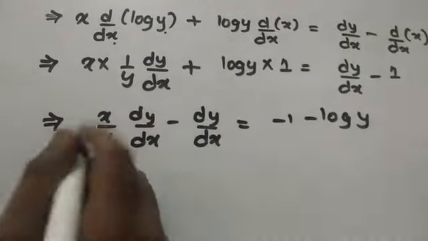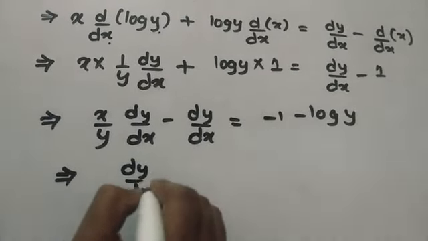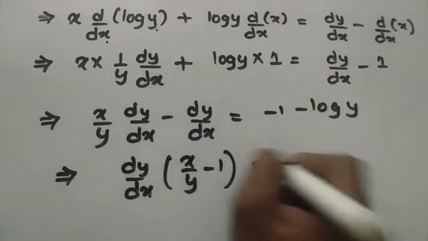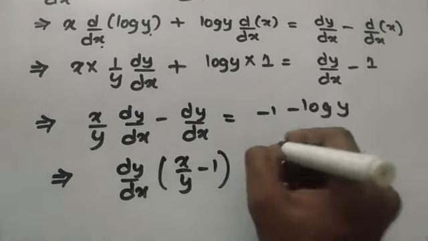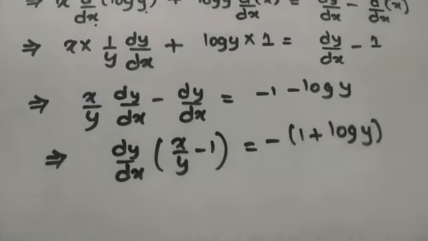Now taking dy by dx common here, we get x by y minus 1, and on this side taking the minus sign common, we get minus of 1 plus log y.